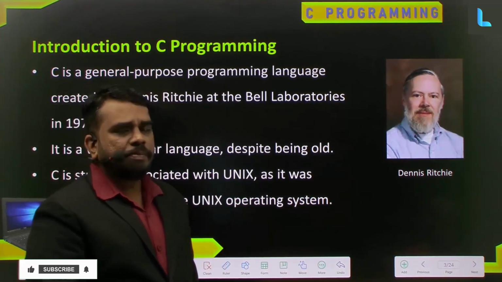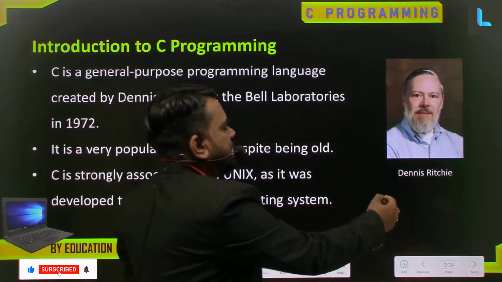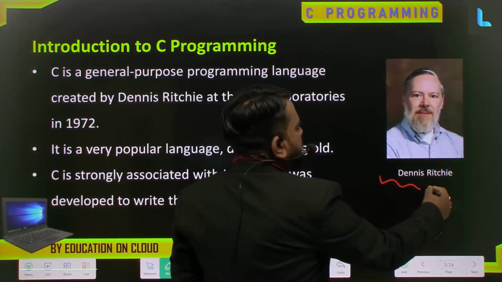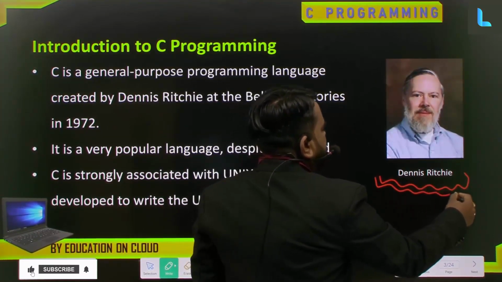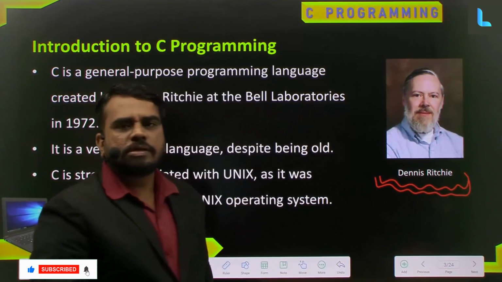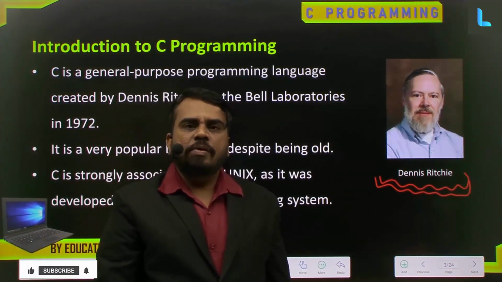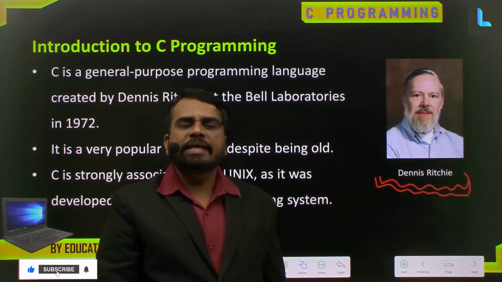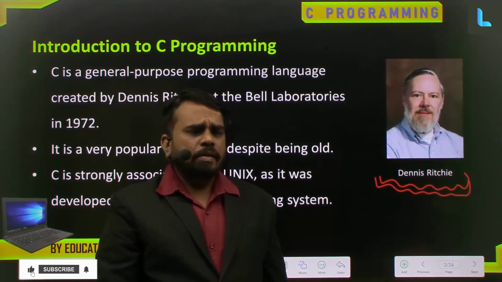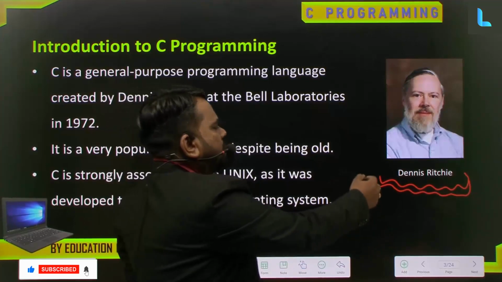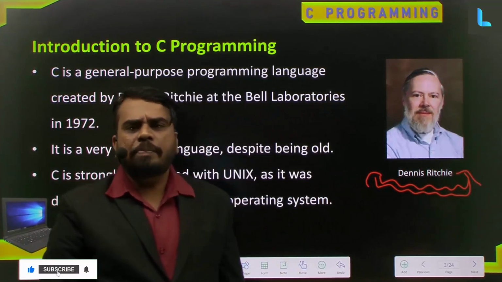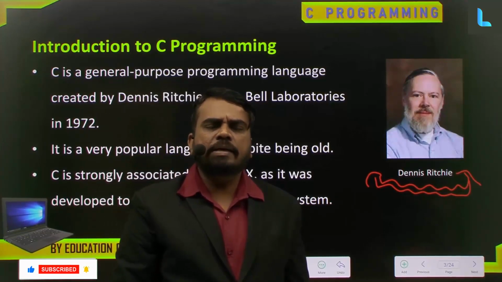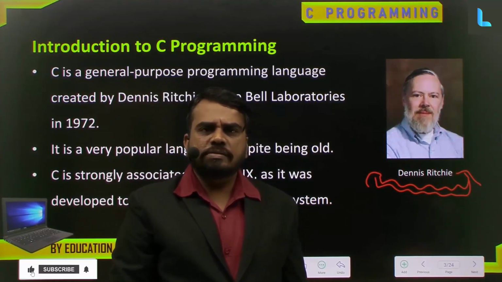This C programming language was actually developed by a very well-known person called Dennis Ritchie. Dennis Ritchie was working at AT&T Labs, New Jersey. He was working to develop a new operating system at that time called Unix.